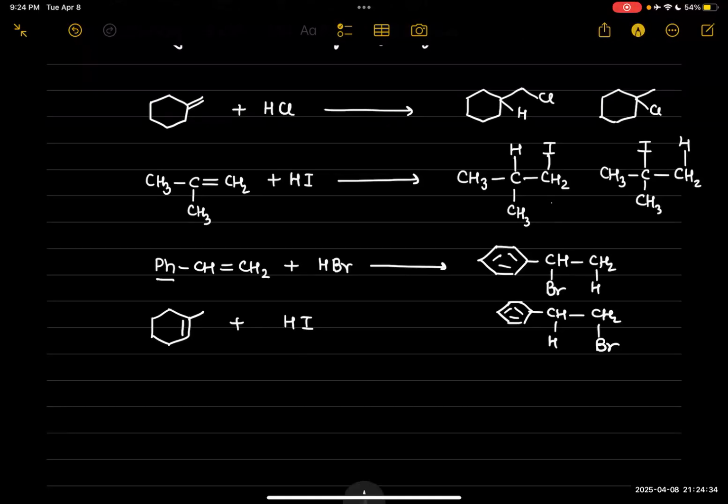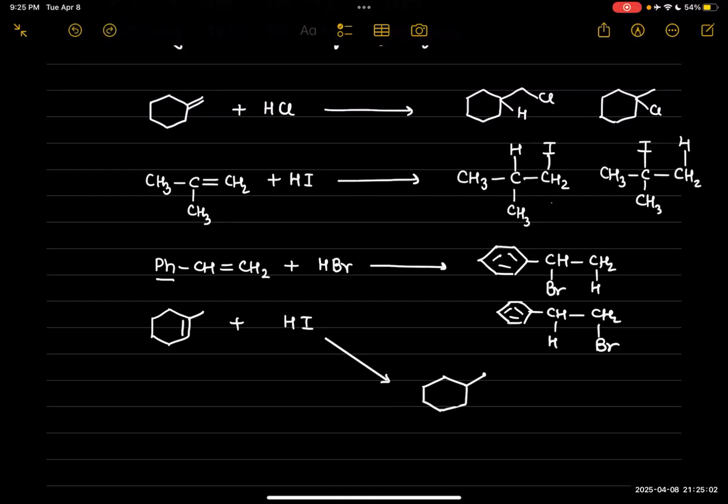For this, I am writing it here. There's a double bond and there is a methyl. This is the methyl. I need to break this double bond. So if I break this double bond, I need to put the two atoms, hydrogen and iodine, on these two carbon atoms.